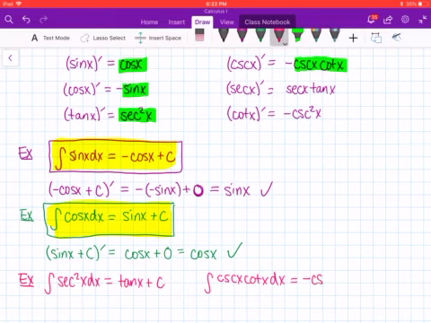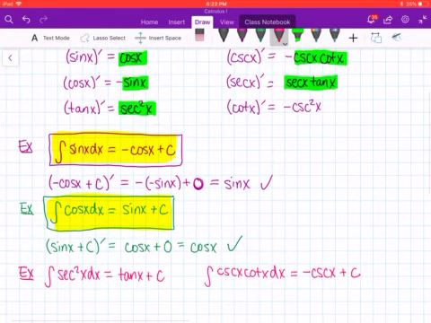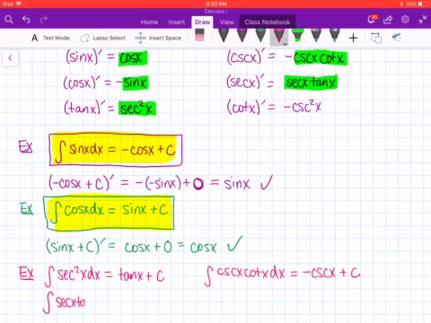It's going to be negative cosecant x plus c. Moving on, if we integrate secant x tangent x dx, that's going to give us secant x plus c.